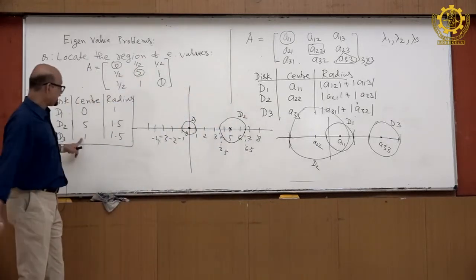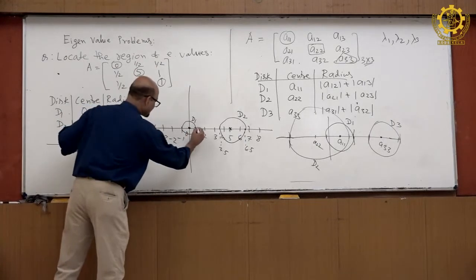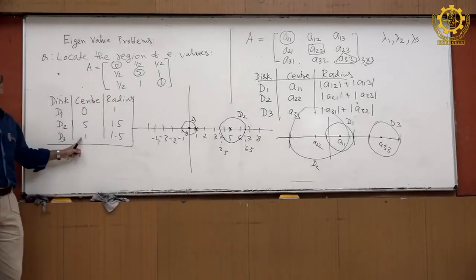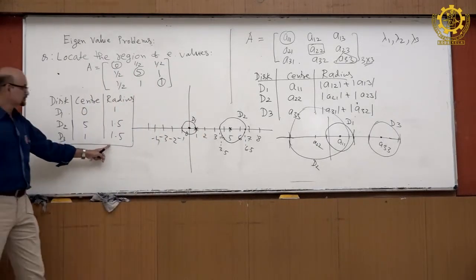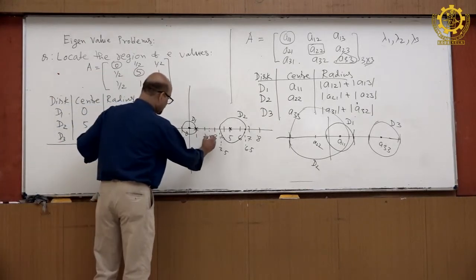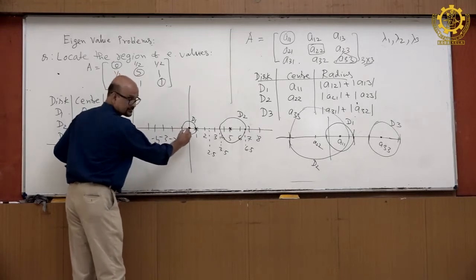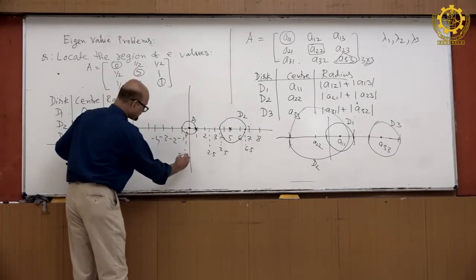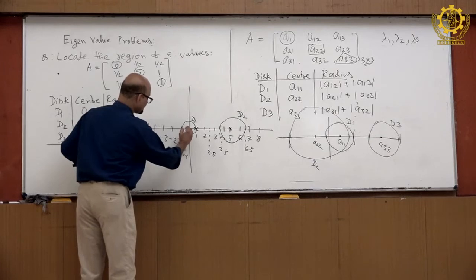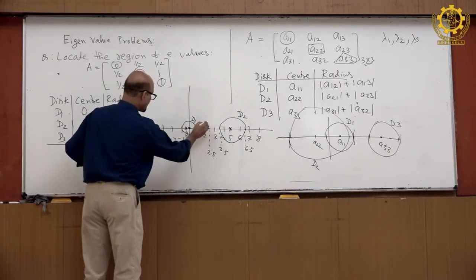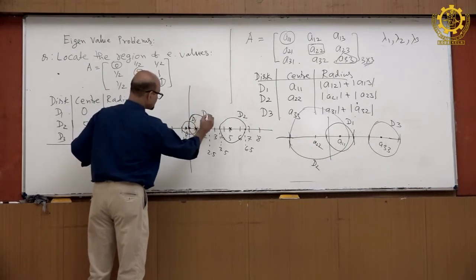What about D3? D3 I have the center as 1, radius as 1.5. So, 1.5 means here it is 2.5 and this side it is minus 0.5. So, I have from here to here. So, I have the disk like this. So, this is your D3.